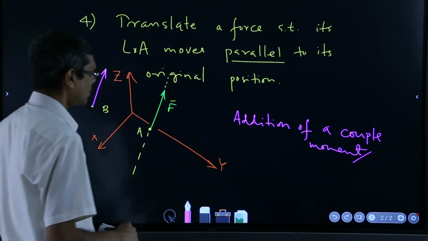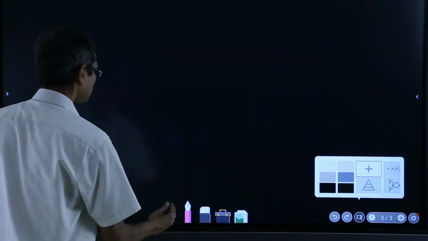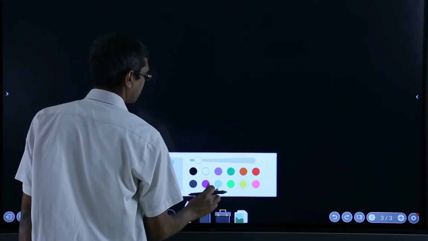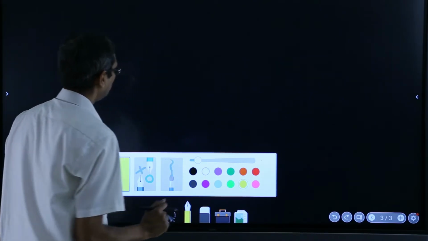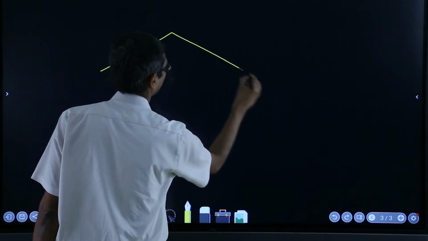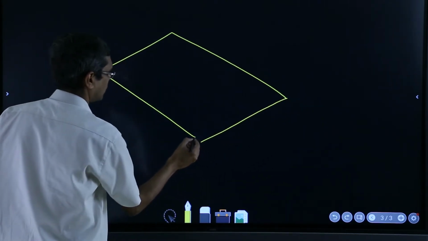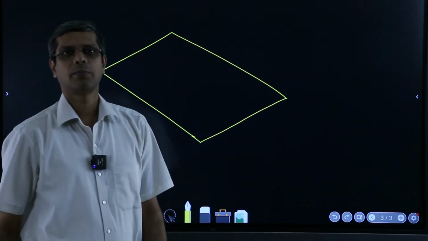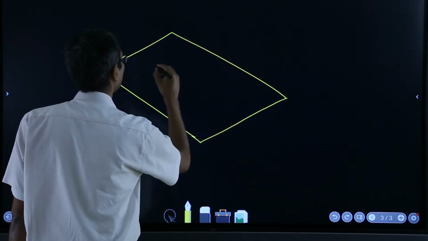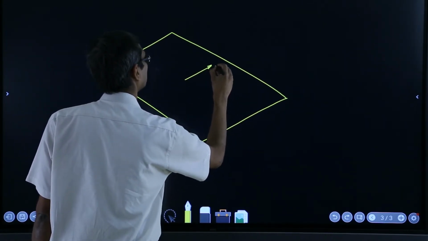Now what exactly do I mean by that? Let's see. Suppose you have this plane. I am trying to draw a bigger picture. This is the plane on which you have the force, like this.